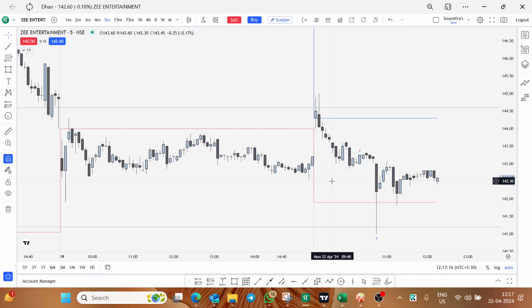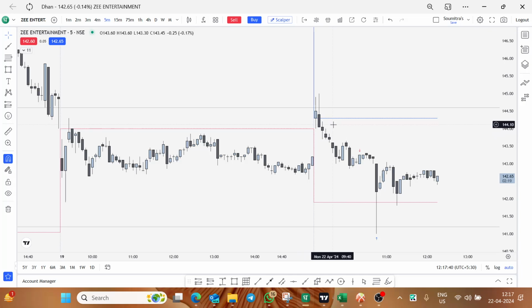So today morning, what do we see here? So this blue line is the previous day low. So sorry, previous day high. So price first of all took this in the opposite direction as a Judas swing, and then rejected strongly.